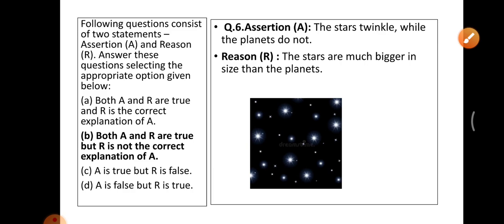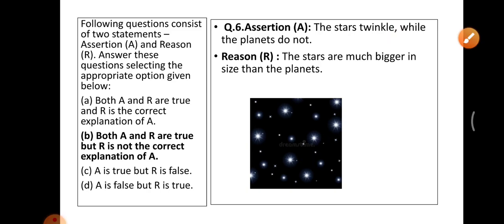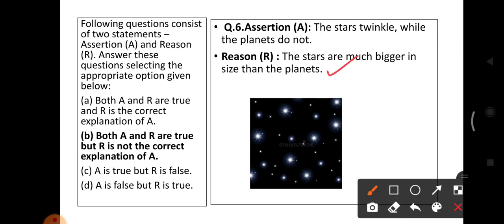The next question, assertion: the stars twinkle while the planets do not. Yes, the stars twinkle but the planets do not twinkle. Reason: the stars are much bigger in size than the planets. This is also correct.